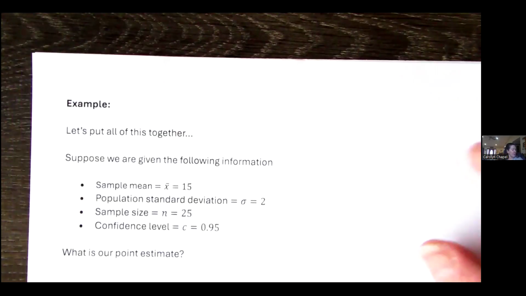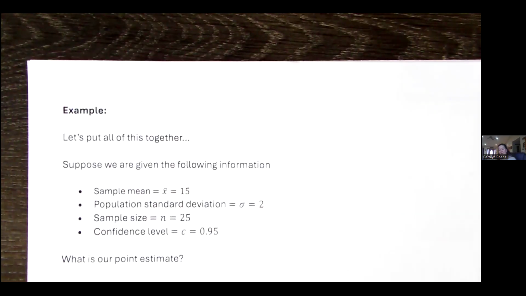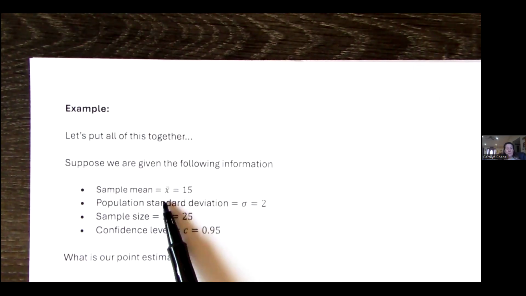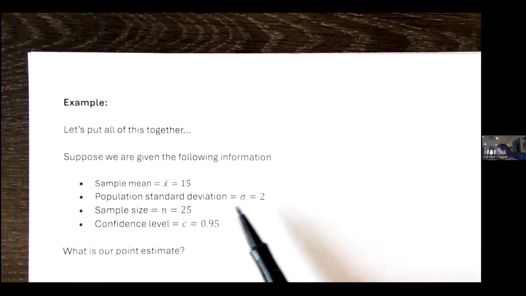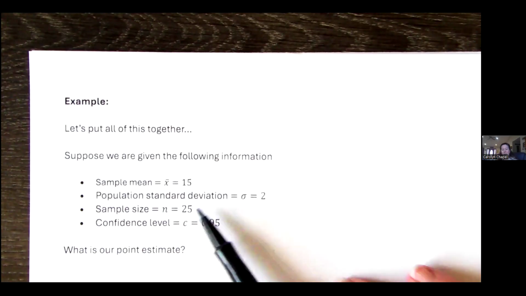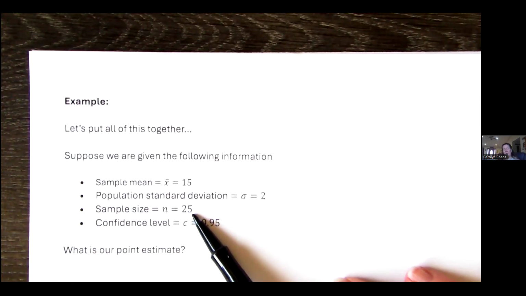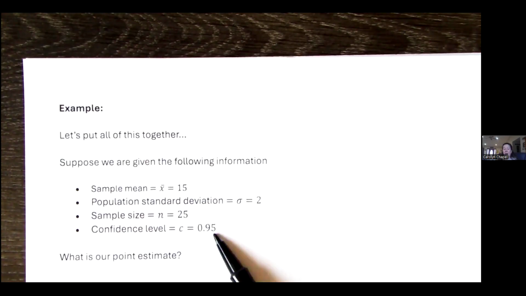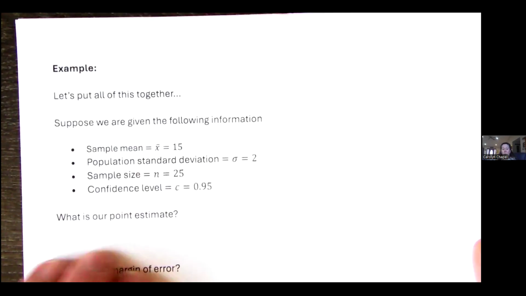Let's put what we've got together. So let's say I have a sample that has a mean of 15. We have a population standard deviation of 2. We had a sample size of 25, so we had 25 people that came in. We added them all together, and we got our sample, and we wanted to be 95% confident. So what is our point estimate?